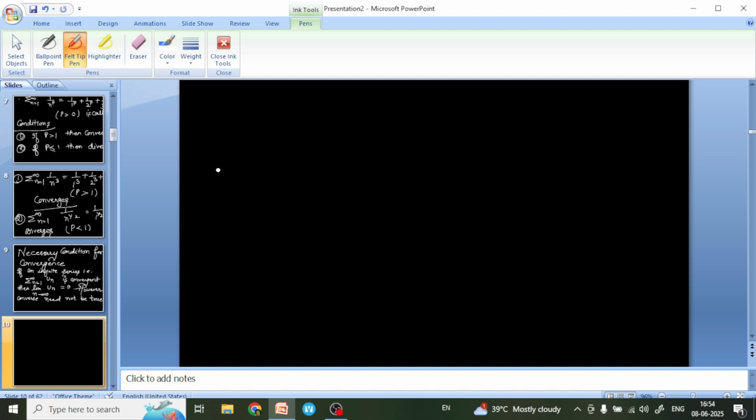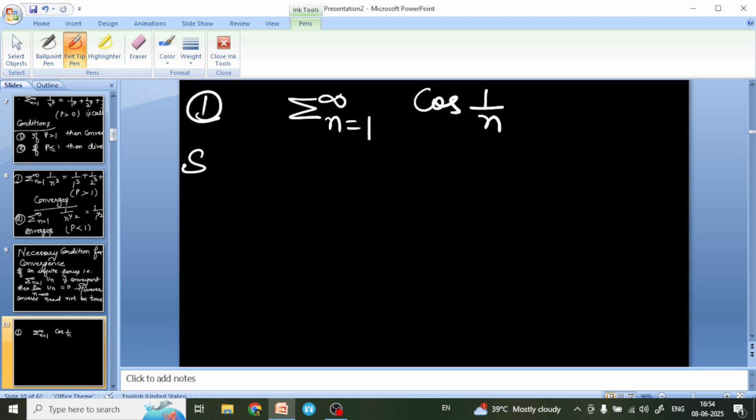Now we will take an example. For example, we have given sigma n equal to 1 to infinity cos 1 by n, and we have to test the convergence of this series. First of all, how to solve it? First of all, you should write u_n is equal to cos 1 by n.